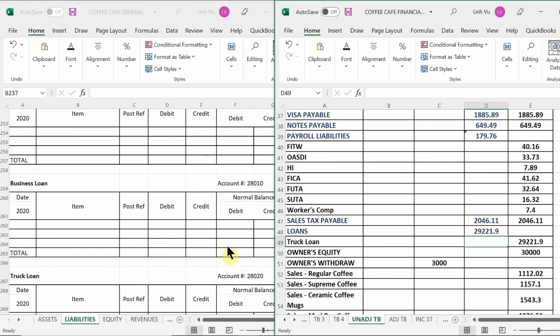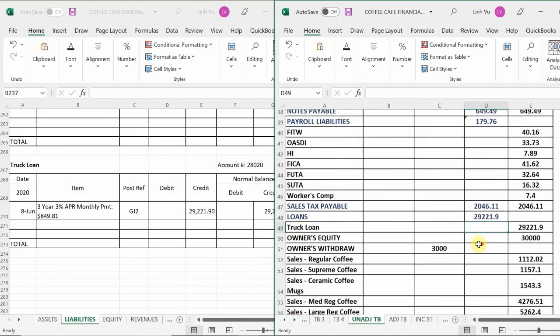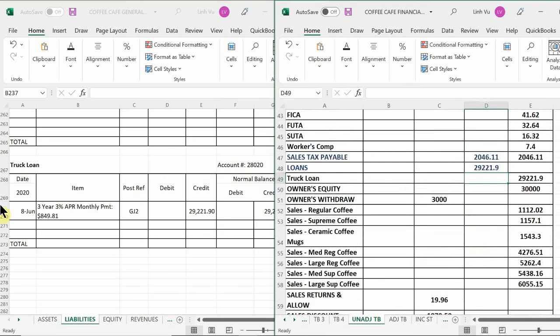Right, and my loans is still outstanding at $29,221.90. Okay. So those were all my liabilities.